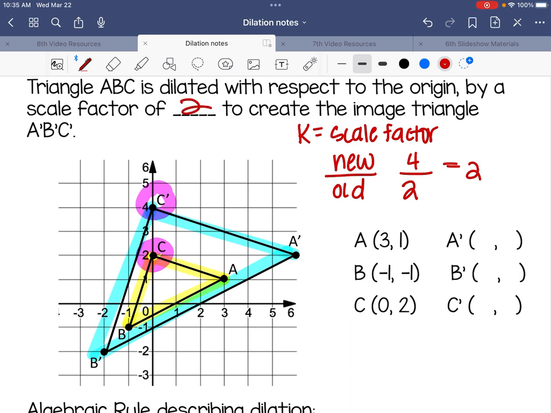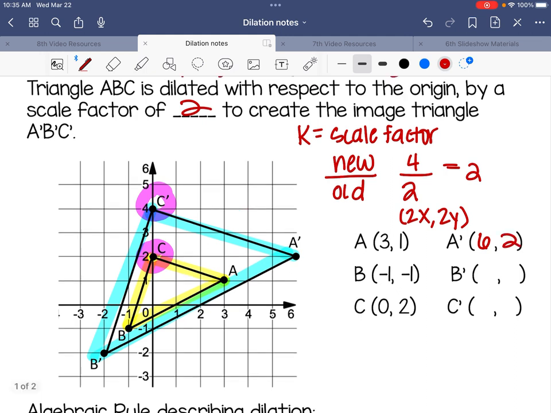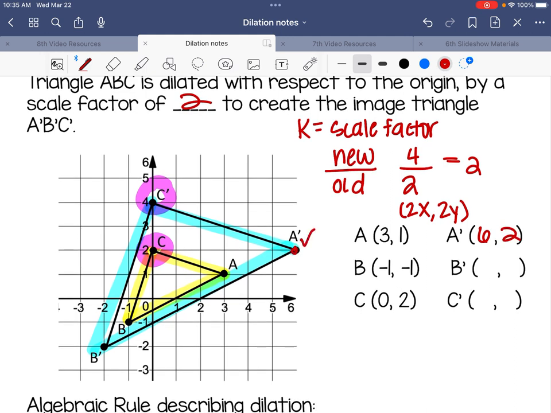And let's see if that works for our coordinates. So we have A at (3, 1). And to find A prime, we're going to take 2 and multiply it by the x-coordinate, and take 2 and multiply it by the y-coordinate. So I get (6, 2), which matches my new shape, so that one works.